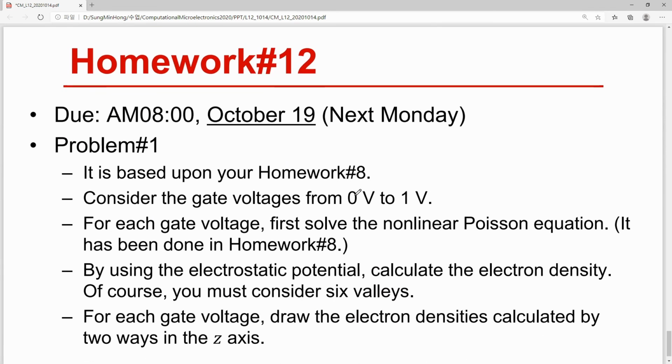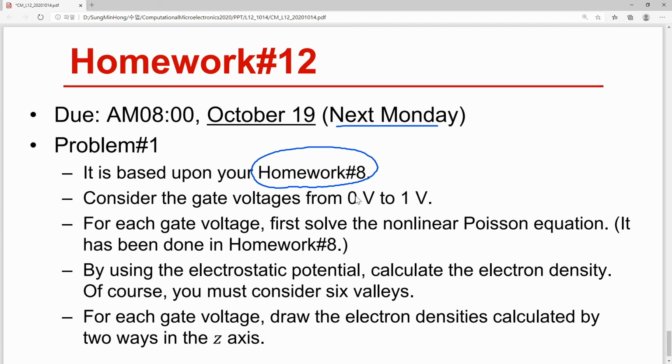Okay, so now you have homework number 12. The due date is next Monday, and it is based upon your homework number 8. What was homework number 8? That was the semi-classical nonlinear Poisson equation solver for a double gate structure.